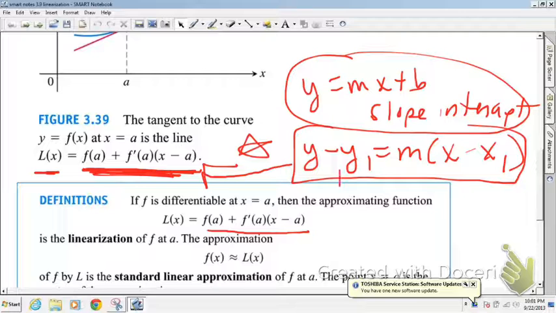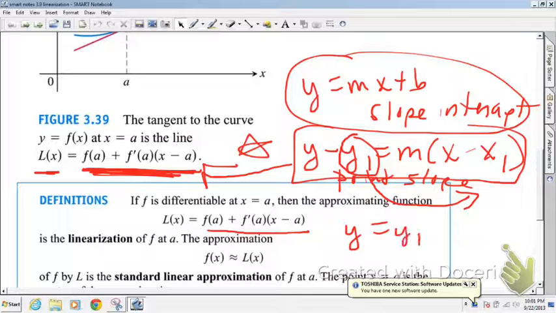So if you take point-slope form, and y1 is really the function evaluated at a. If you swing y1 back across the equal sign, you'd have y equals y1 plus m times x minus x1. And what's y1? The function evaluated at a. And what's the slope? The derivative evaluated at a.